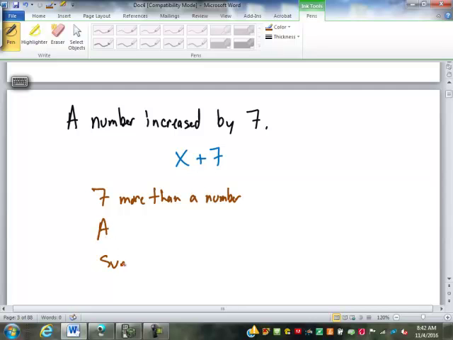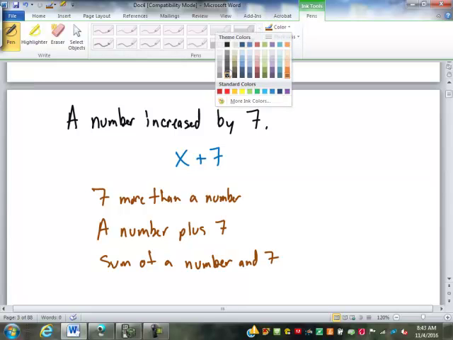There's a good one: sum of a number and 7. A number plus 7. Or 7 added to a number. Or a number with 7 added to it. There are a lot of phrases that would indicate x plus 7.